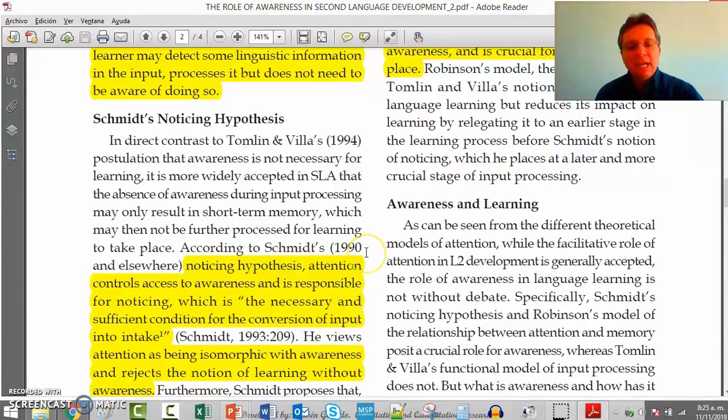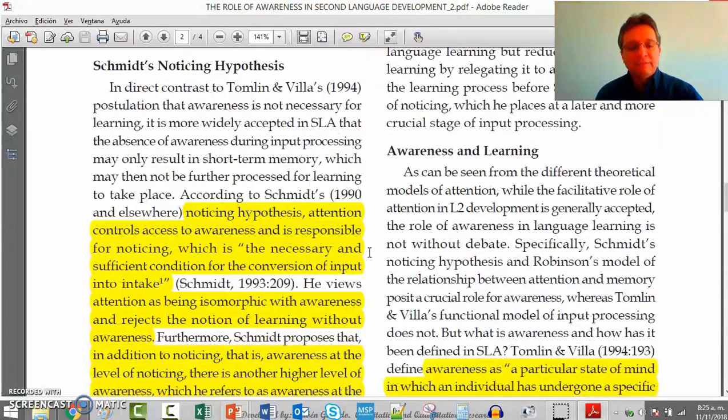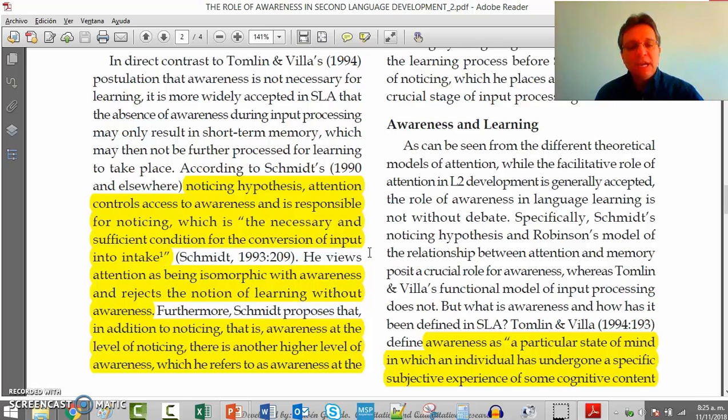Noticing hypothesis: attention controls access to awareness and is responsible for noticing, which is the necessary and sufficient condition for the conversion of input into intake. Attention is isomorphic, the same, with awareness and rejects the notion of learning without awareness.